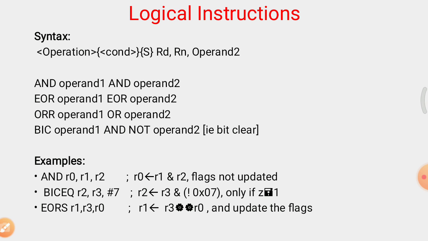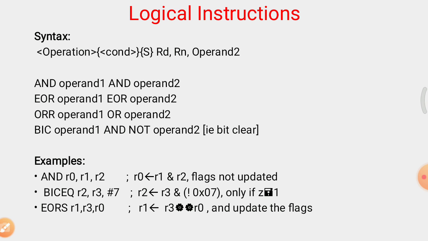Let us see the logical instructions. Here the syntax is going to be like this: opcode, that is operation, then condition, then suffix S, and then Rd, Rn, comma operand 2. The instructions are the AND instruction, EOR instruction, ORR instruction, and BIC instruction.